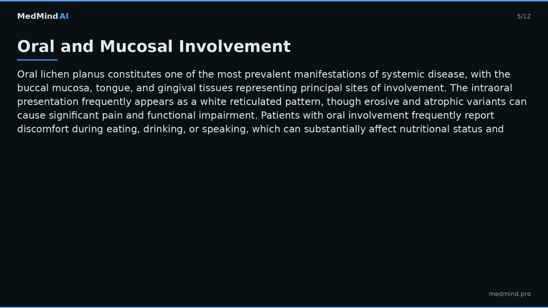Patients with oral involvement frequently report discomfort during eating, drinking, or speaking, which can substantially affect nutritional status and communication. The relationship between erosive oral lichen planus and malignant transformation has generated considerable clinical interest, though the actual risk appears modest. Accurate diagnosis and regular surveillance of oral manifestations form important components of comprehensive disease management.